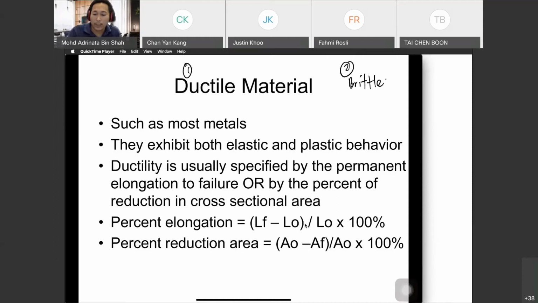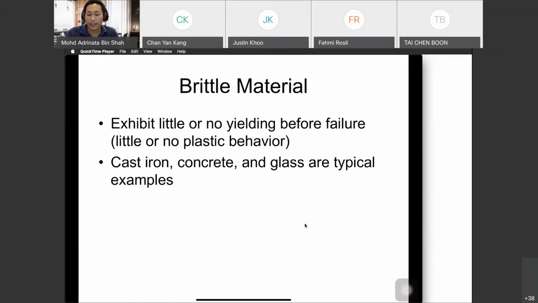Ductile materials, their stress strain diagram is some kind that we look from the previous stress strain diagram. But brittle material, we don't have the ultimate tensile stress, so it happened like this. And this is fracture. Suddenly, the brittle material will fracture. Okay, so that is the difference between the diagram of brittle and ductile material.